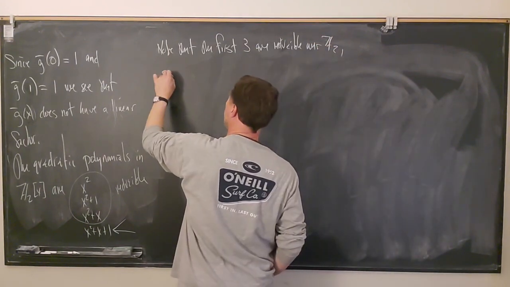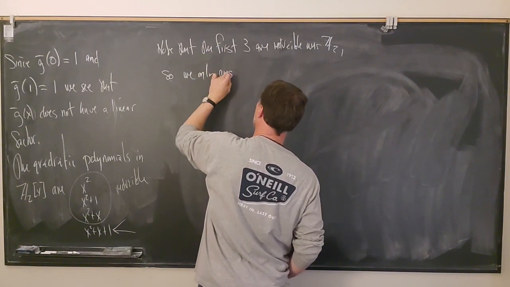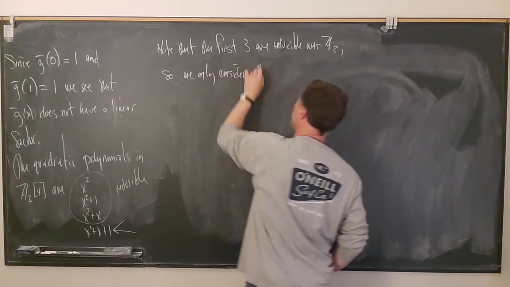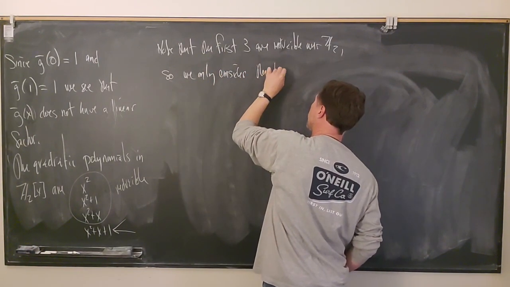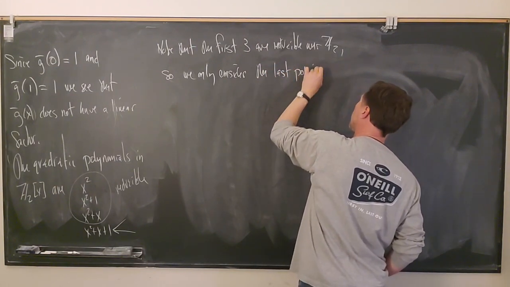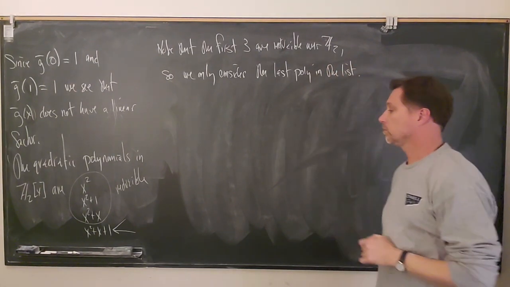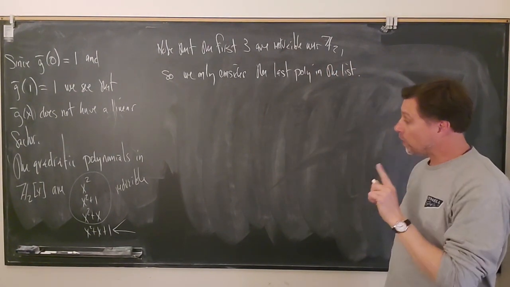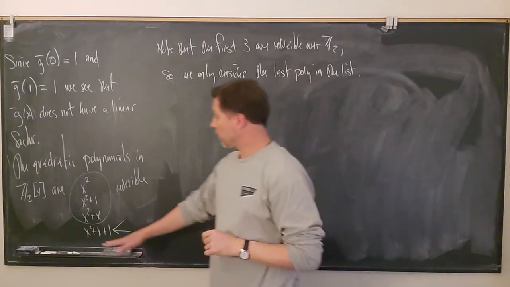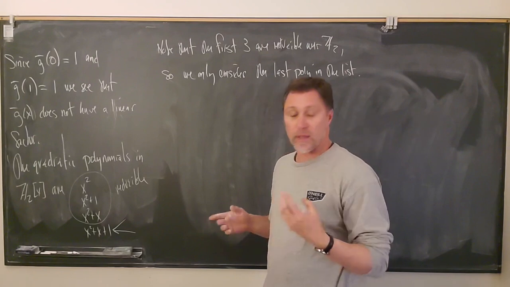So we only consider the last polynomial in the list. And so what I want to do is show that this polynomial right here is not a factor of g bar of x. And the way to do that is long division.